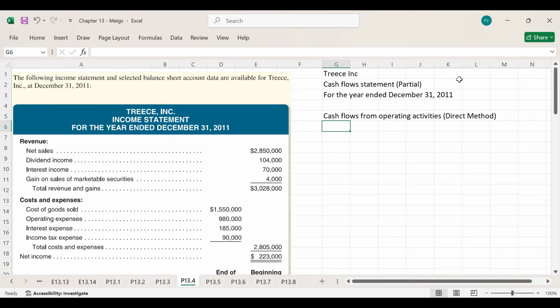So the starting point is cash flows from, we present all cash receipts first. So the first cash receipts is from customers. So we have cash receipts from customers, which we have calculated in working one.